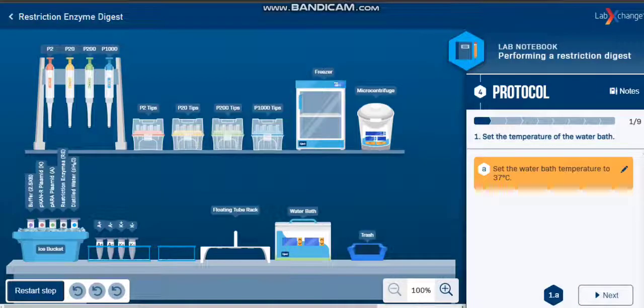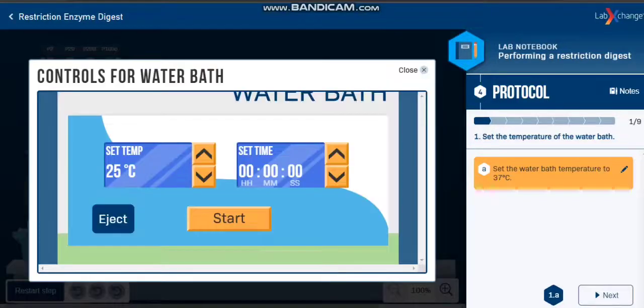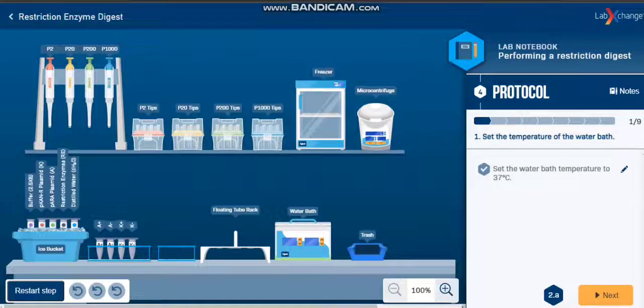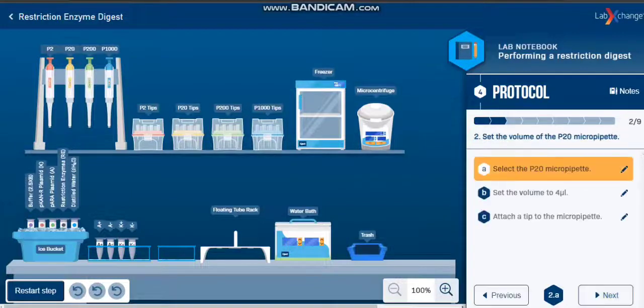So first, set the water bath temperature to 37 Celsius. Step 2, set the volume of the P20 micropipette.